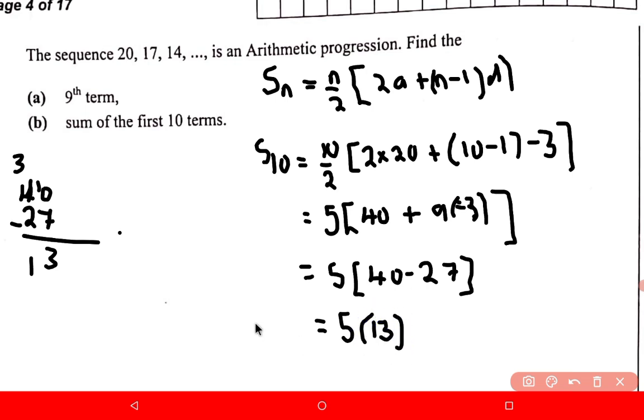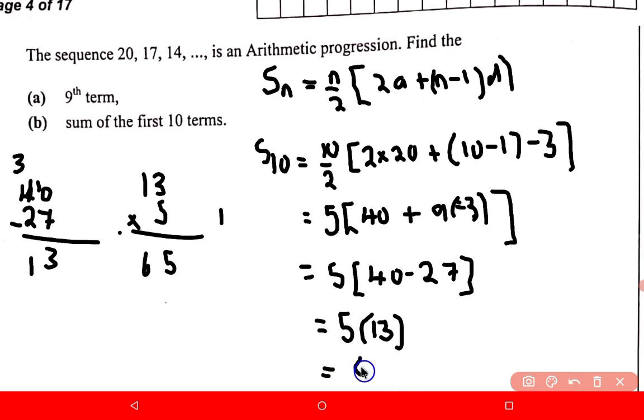Now what is 13 multiplied by 5? This times this, that is 15. So 5 carry 1. This times this, 5 plus 1, that is 65. So what does this tell us now?